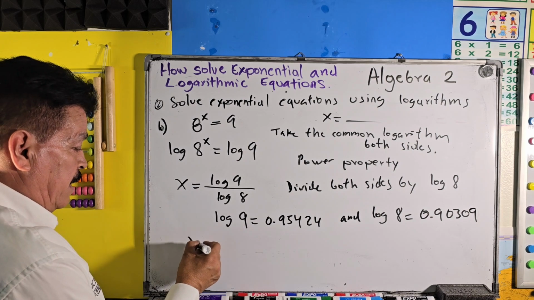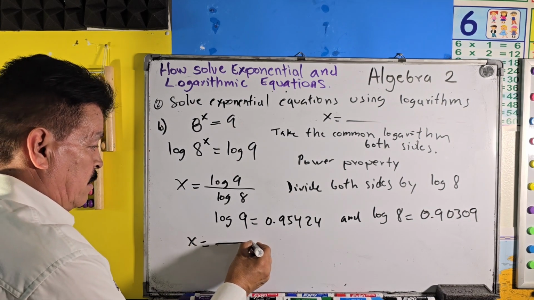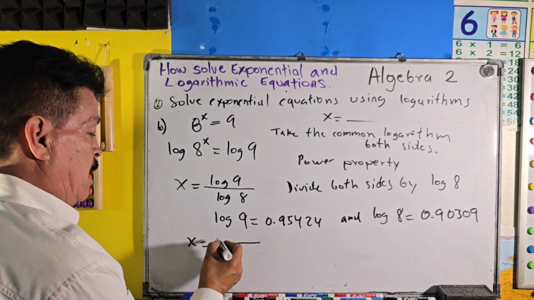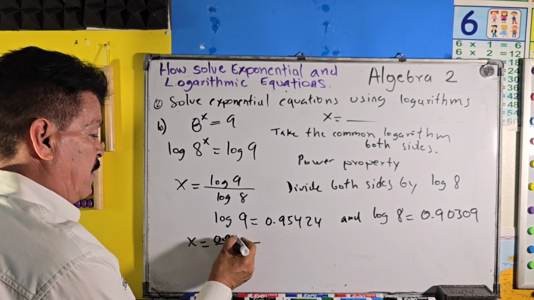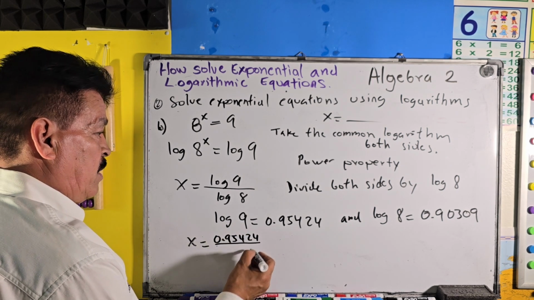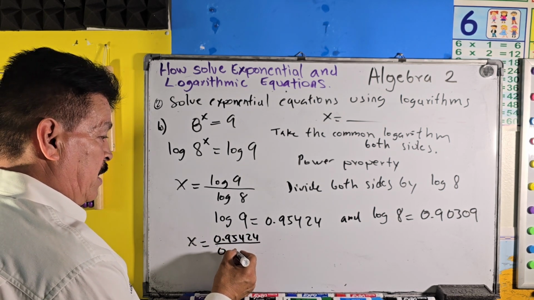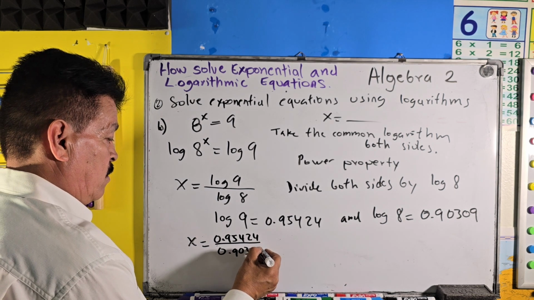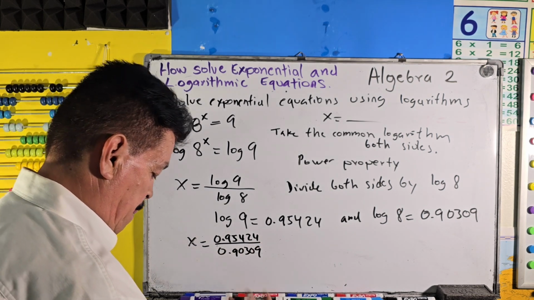So now divide it here. Just write the numbers: 0.95424 divided by 0.90309.